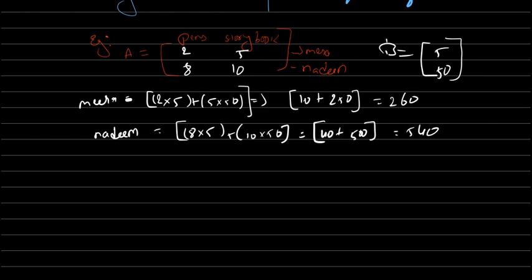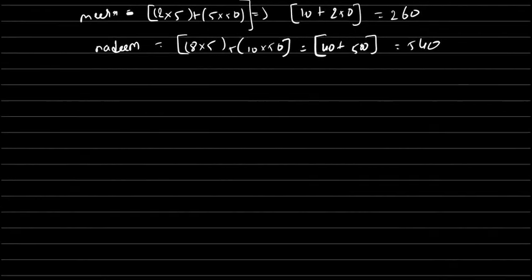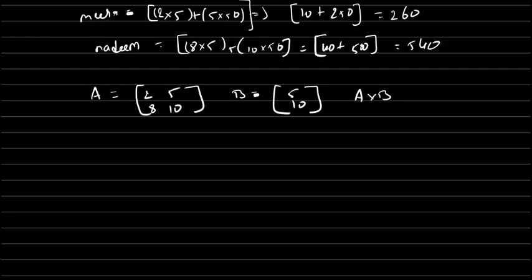But in matrix form it will be different. I will write this as the A matrix: 2 5, 8 10, and the B matrix is 5 and 50. We should find A into B, or you can say AB. What is the condition for AB? The number of columns of A must be equal to the number of rows of B. You can cross check here.